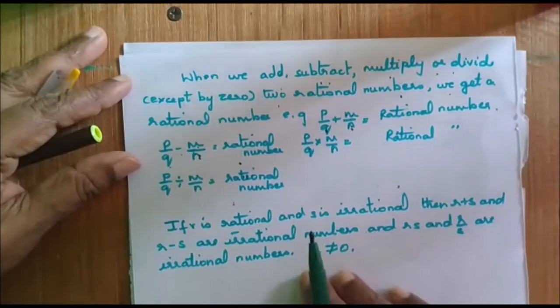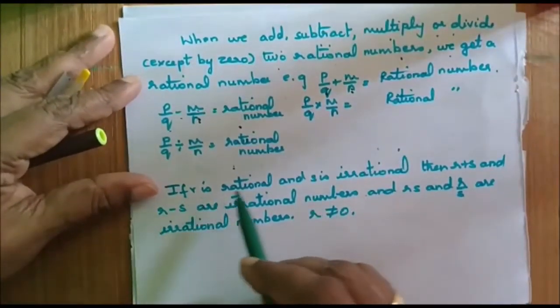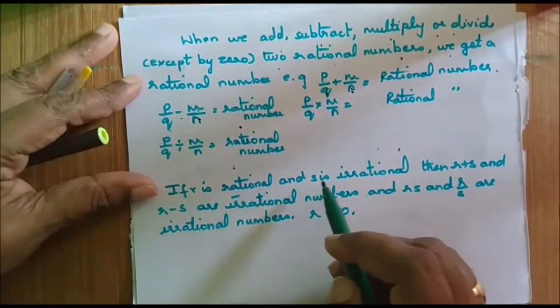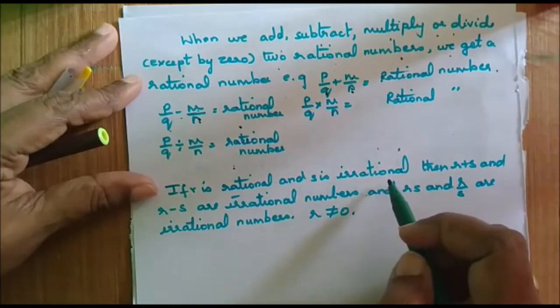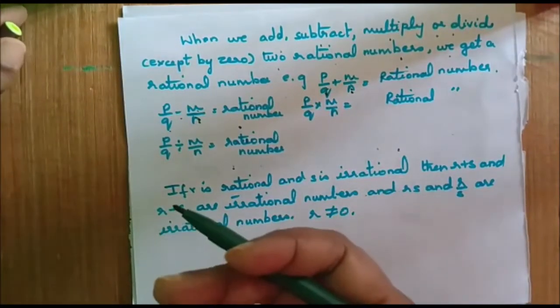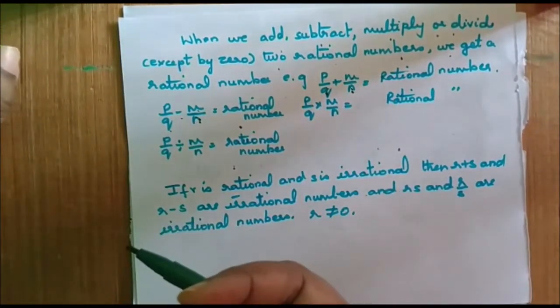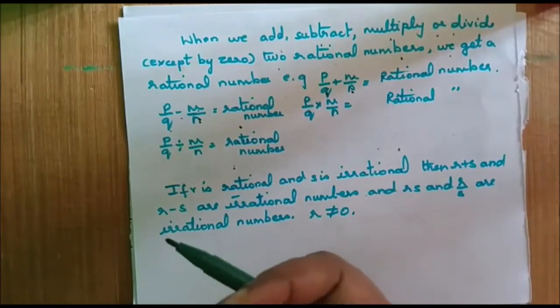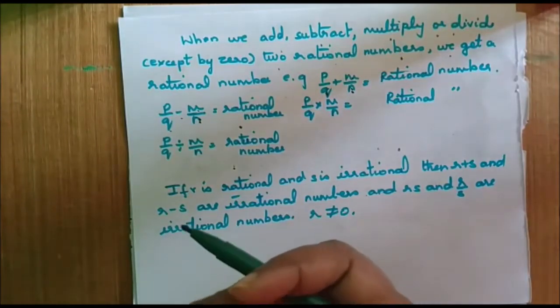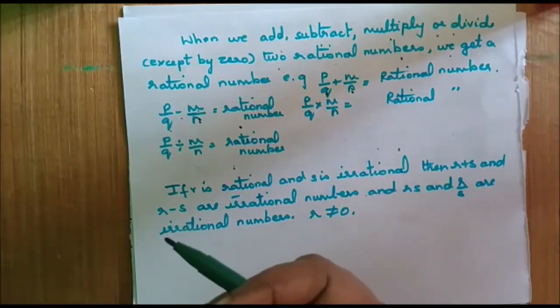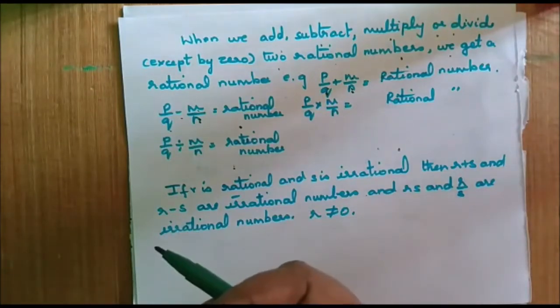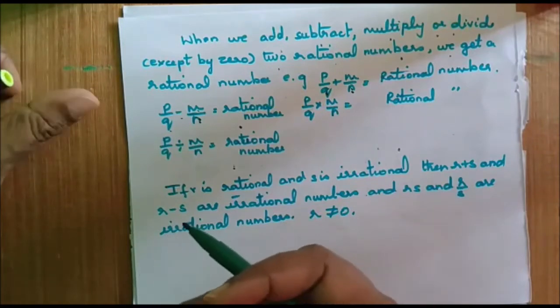Okay. Now there is another rule. If R is a rational number and S is an irrational number. Now what do you mean by irrational number? Any number in the form of root 2, root 3, all these are examples of irrational numbers, or numbers which are non-terminating and non-recurring are also irrational numbers.